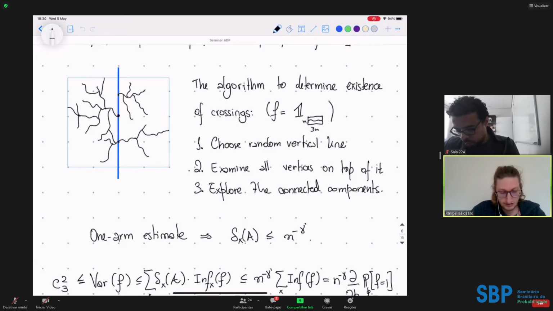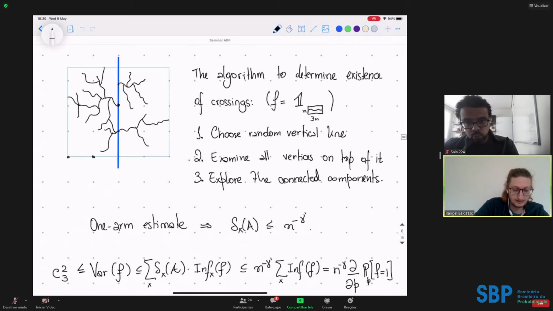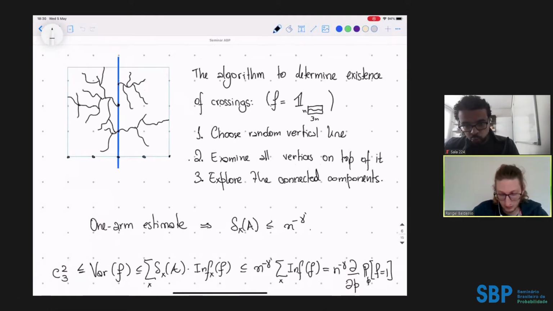The way this algorithm works is actually quite straightforward. First, you choose uniformly a starting point for a line here, a vertical line between all the 3n possible entries. Given this line that you chose, we start to explore all the sites that are on this line, and then you look at which sites are open and which are not.